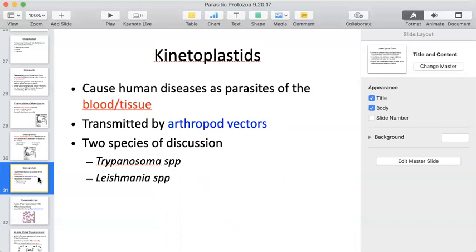There are 2 species that we'll look at in particular that cause human disease, the Trypanosoma species and the Leishmania. These are some types of protozoa that we're looking at here.